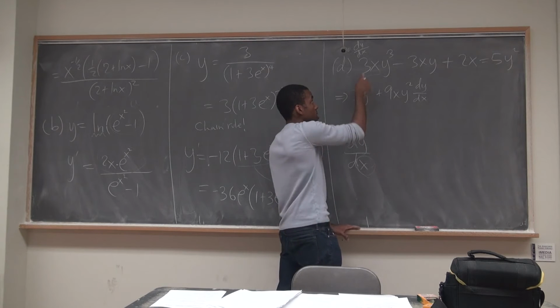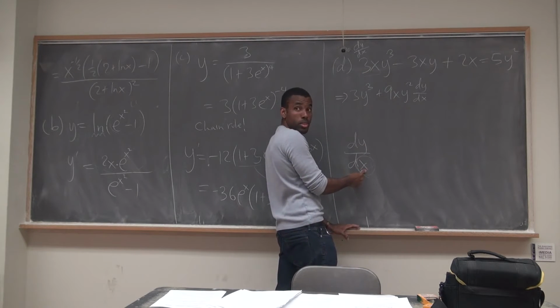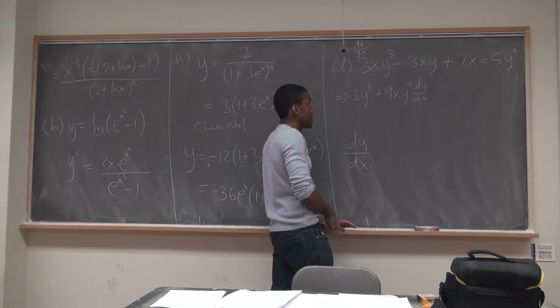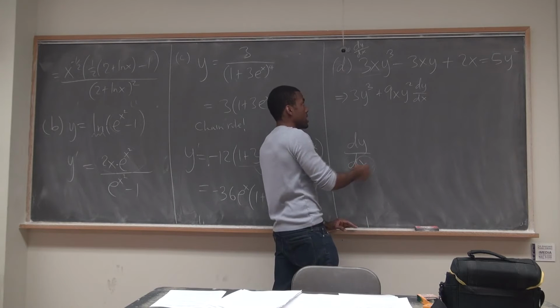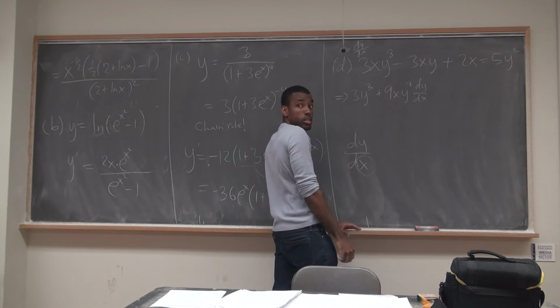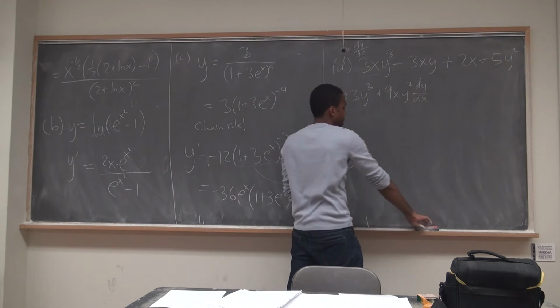Which means when I differentiated x, I still had to multiply by a prime, because it's not the guy on the bottom. It's the guy that's on the bottom, you don't have to do anything. So here, I want dy dx. When I differentiate x, I don't do anything. The derivative of x is 1. It's gone. Then differentiate the y, I have to attach dy dx. I have to attach that y prime.